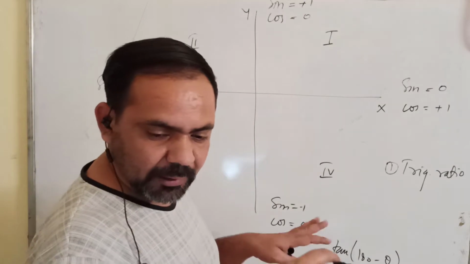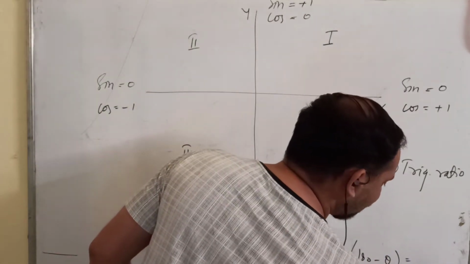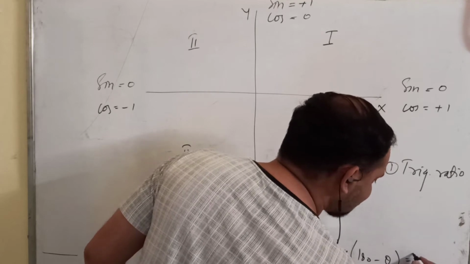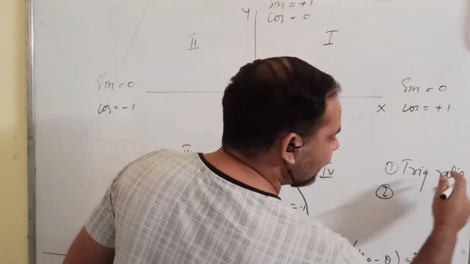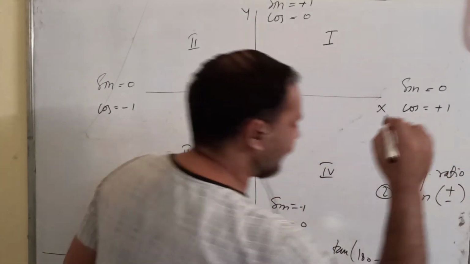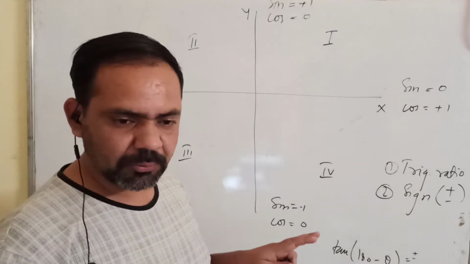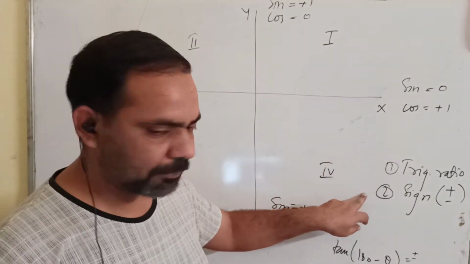The answer will have a trigonometric ratio as well as a sign, positive or negative. So two things you need: what will be the ratio and what will be the sign. Now I will give you a rule for both of them.